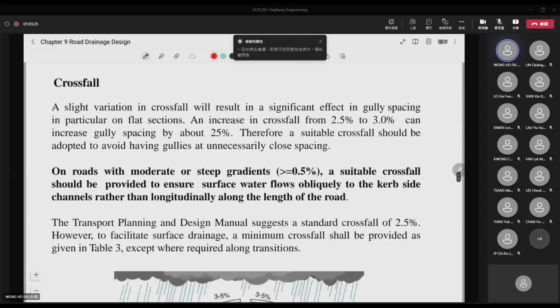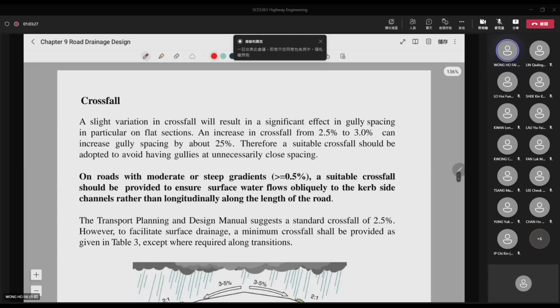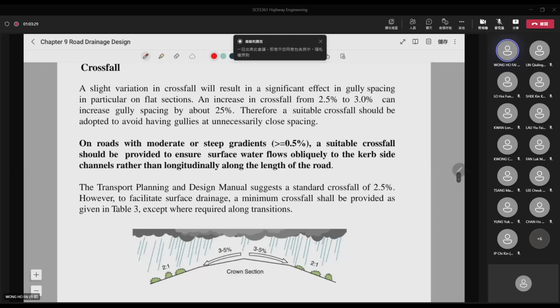And then the cross fall is very important. You can see that the cross fall is the slope that conveys the water to both sides of the road. A slight variation in the cross fall will result in a significant effect on the gully spacing. An increase in the cross fall, say from 2.5% to 3%, can increase the gully spacing by about 25%.